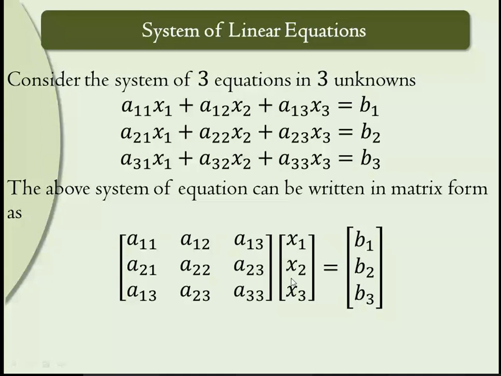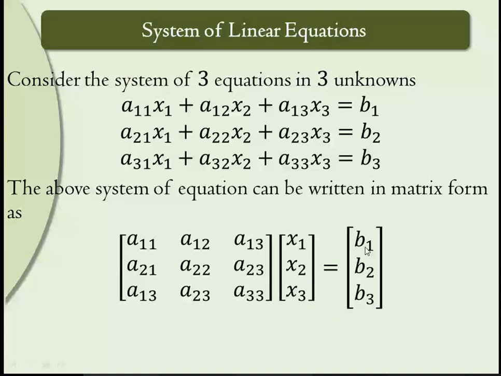We take the first row and the first column, and multiply the corresponding elements. So it will be a11 into x1 plus a12 into x2 plus a13 into x3, and that is equal to b1, which is nothing but the first equation.